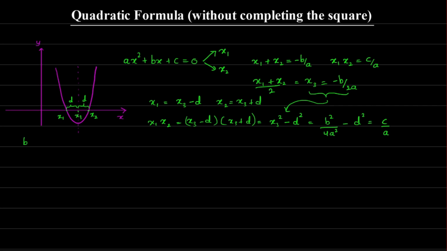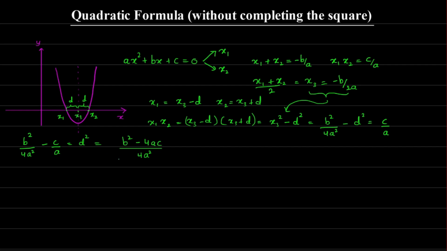We first take d squared to one side, and everything else to the opposite side of the equation. So d squared is going to be equal to b squared divided by 4a squared minus c over a. By taking the common denominator here, we get b squared minus 4ac divided by 4a squared.